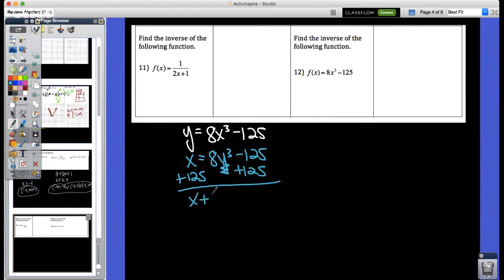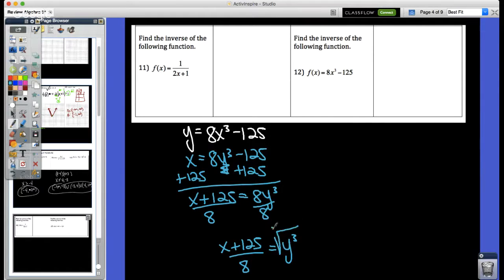What we get is x plus 125 equals 8y to the third. So we want to get y isolated, and we can do that by dividing by 8, to where we get x plus 125 over 8 equals y to the third. I can get y by itself by taking the third root of both sides, to where now y is equal to the cube root of x plus 125 over 8.